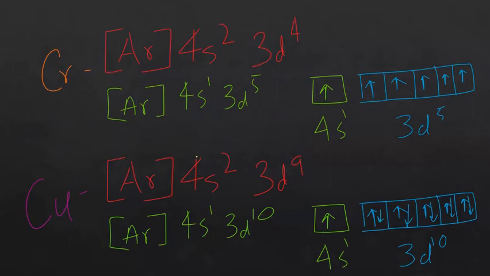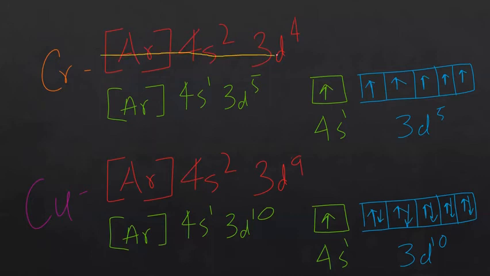Now there are two major exceptions to these rules: chromium and copper. There are other exceptions as well. The elements underneath copper and chromium also follow these exceptions, but these are the most notable. So we would expect chromium's electron configuration to be something like argon 4s2 3d4.